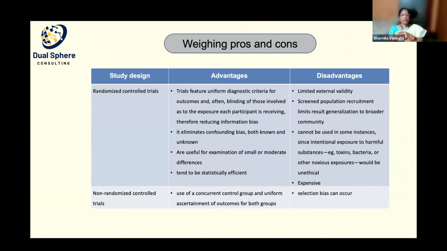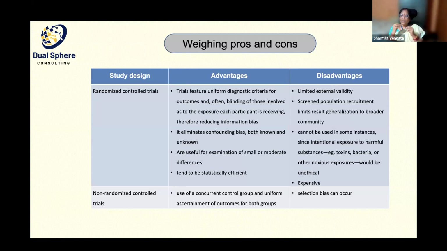And when it comes to disadvantages, limited external validity. Already we have seen the issues for observational studies; it won't be there here. So there is limited external validity because patients are carefully selected. The results may not apply to the general population. For example, elderly or multimorbid patients are often excluded.